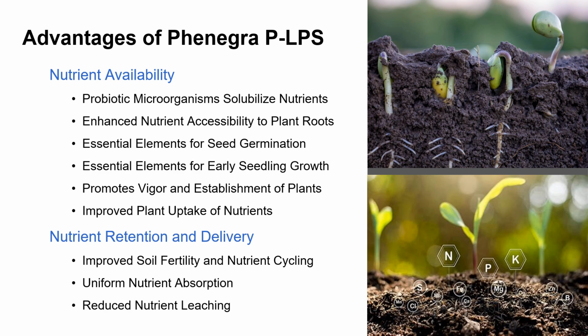It's like good practice for early seedling growth. By promoting the vigor and the establishment of the plant in that substrate, you now have improved plant uptake of the nutrients. Now, nutrient retention and delivery at the improved soil fertility and nutrient cycling level leads to a uniform nutrient absorption. And then you end up reducing nutrient leaching.